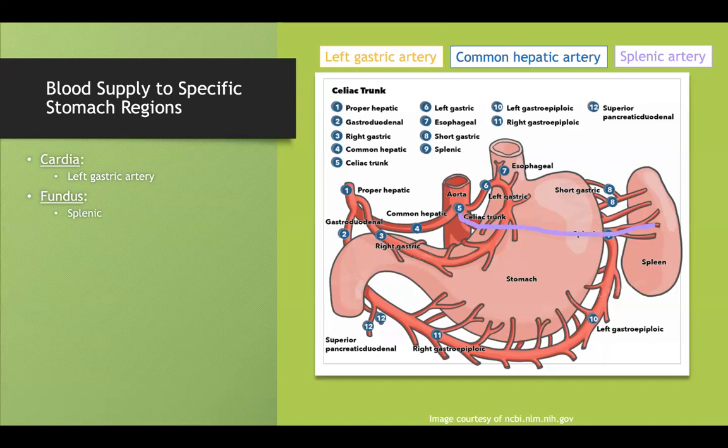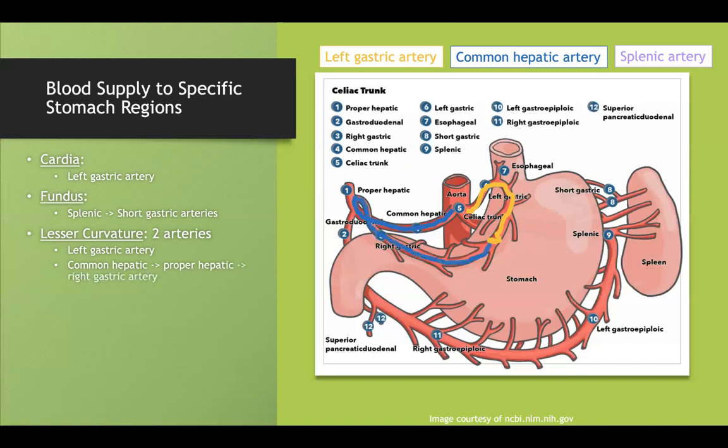And from that splenic artery, you can see these branches right here, the short gastrics, to supply the fundus. The lesser curvature is supplied by two different arteries. We have our left gastric, and we also can supply it through the common hepatic, then that goes to the proper hepatic, and that'll lead to the right gastric artery.